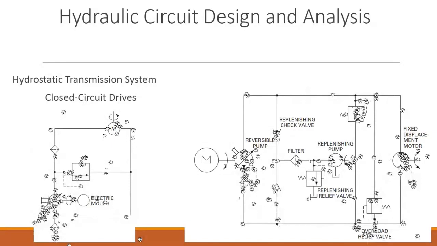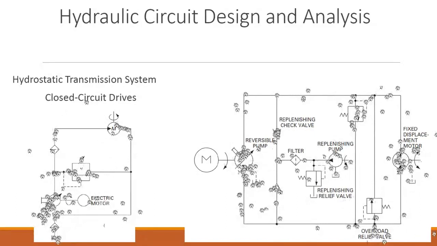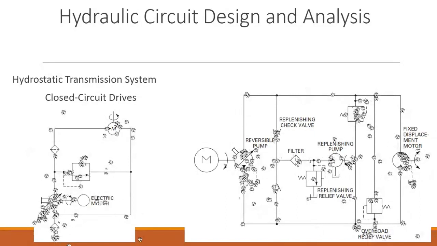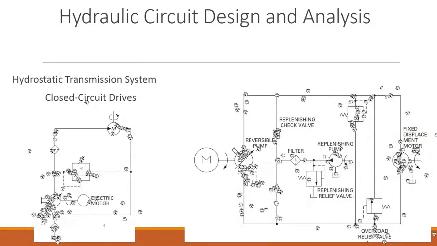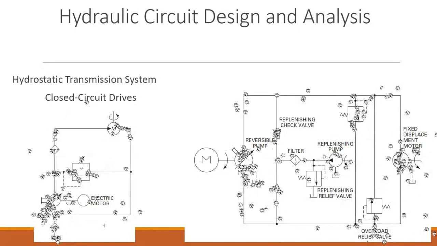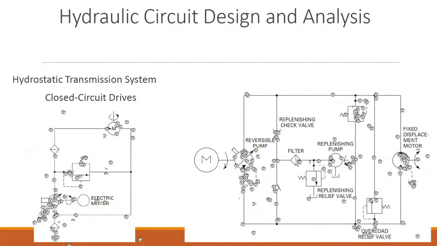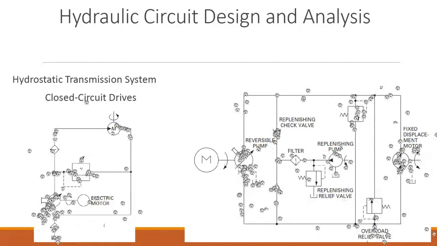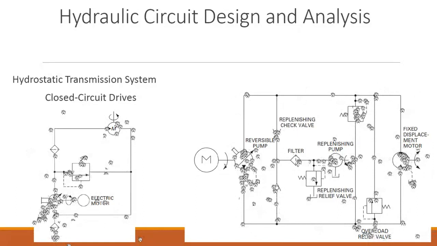And then this required amount of oil that needs to be replaced, or added to the circuit, would be added through this, if the oil is moving in this direction. If the oil is moving in the opposite direction, in that case, covering up the lost quantity of oil would be done by this replenishing pump again here.